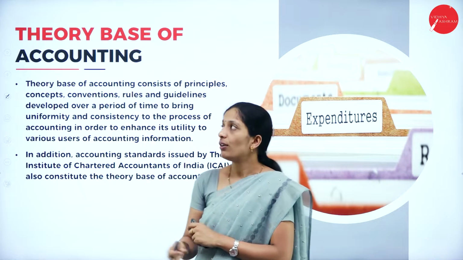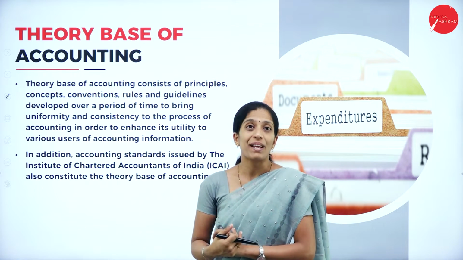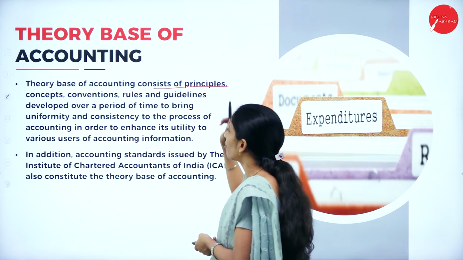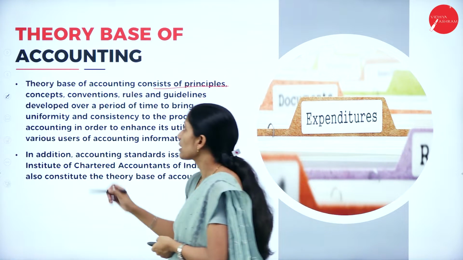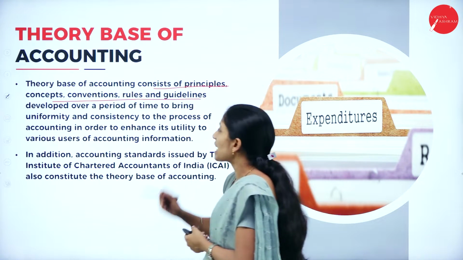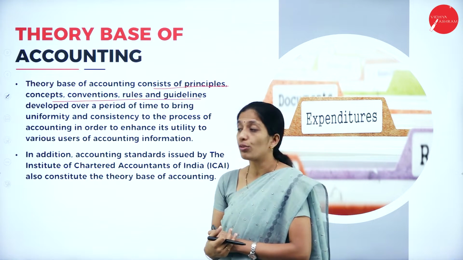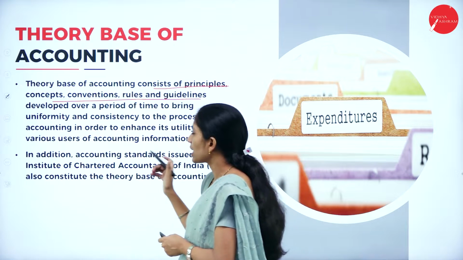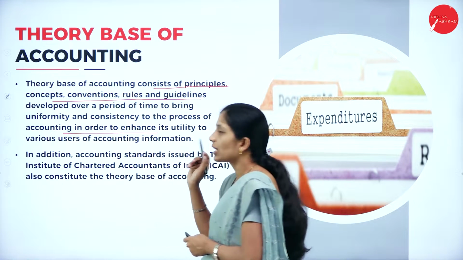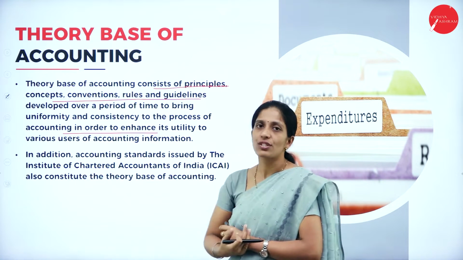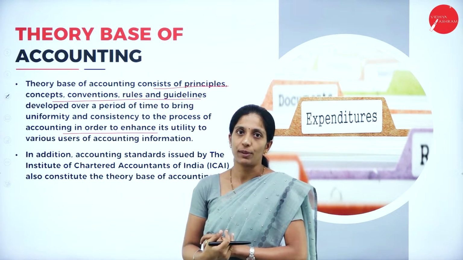Now let us see what this theory base of accounting is. The theory base of accounting consists of principles, concepts, conventions, rules and guidelines developed over a period of time to bring uniformity and consistency to the process of accounting in order to enhance its utility to the various users of accounting information.